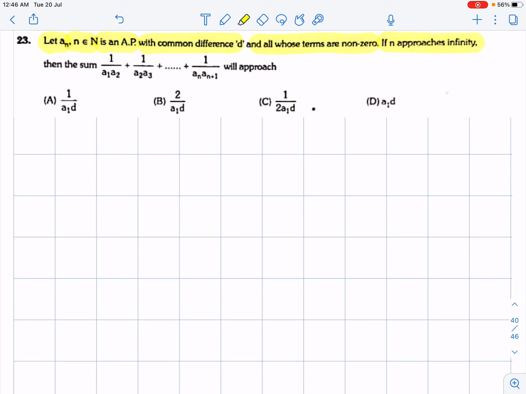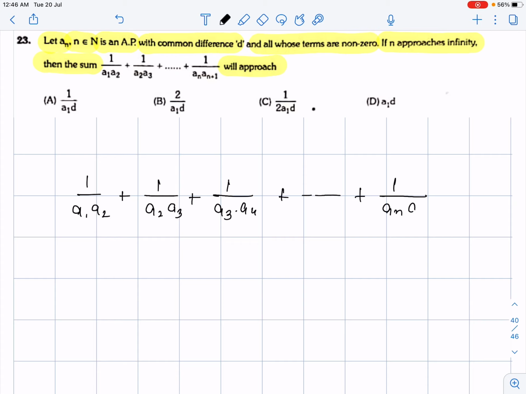If n approaches infinity, then the sum of 1 upon a1 dot a2 plus 1 upon a2 dot a3 plus 1 upon a3 dot a4 goes on up to 1 upon an dot an plus 1 will approach, they are asking.